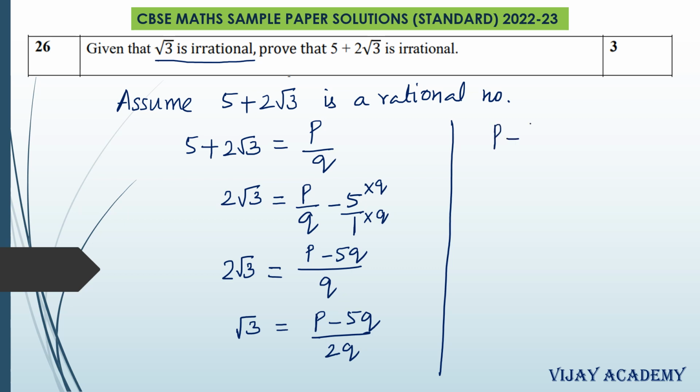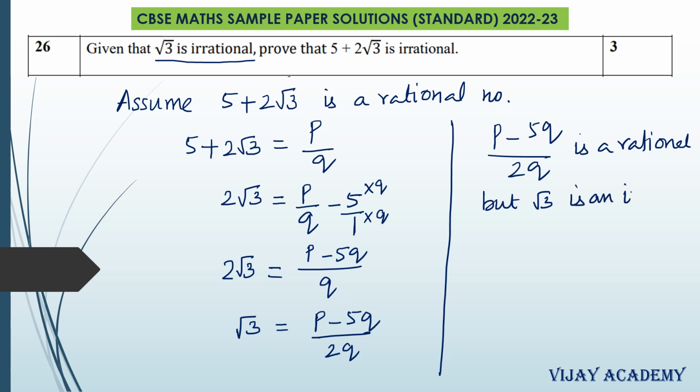So we can write that p minus 5q by 2q is a rational number, but root 3 is an irrational number. Therefore the assumption is wrong.